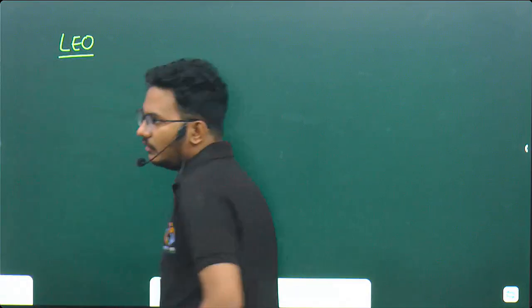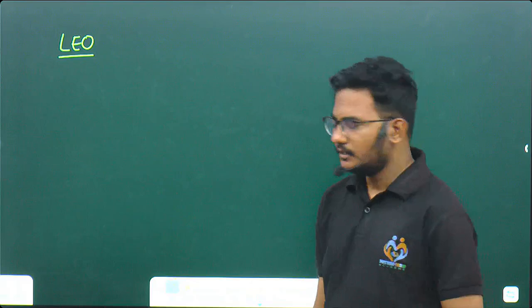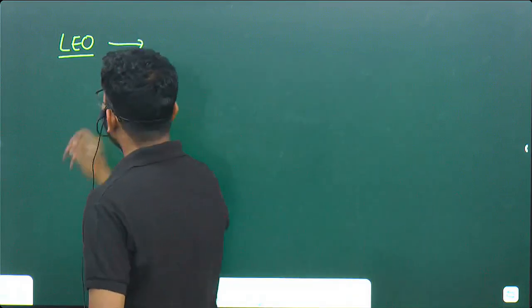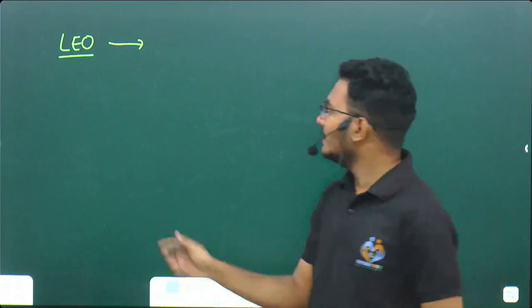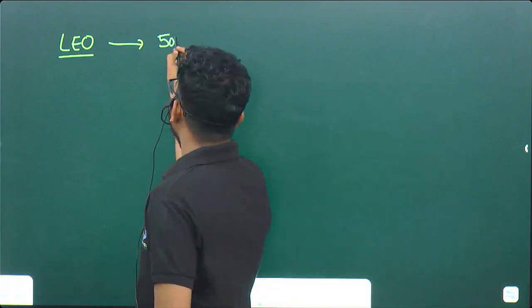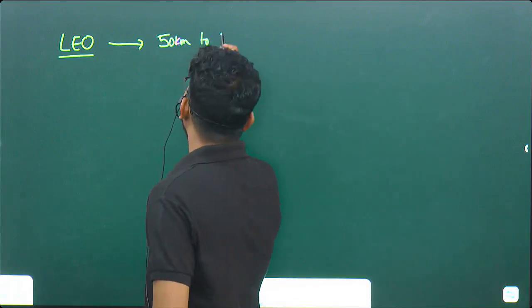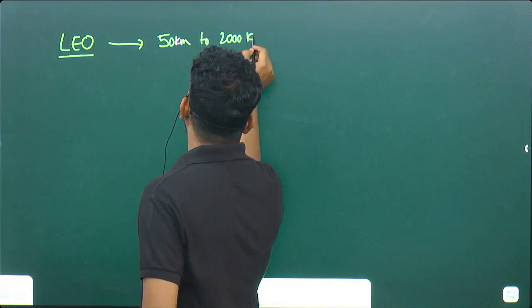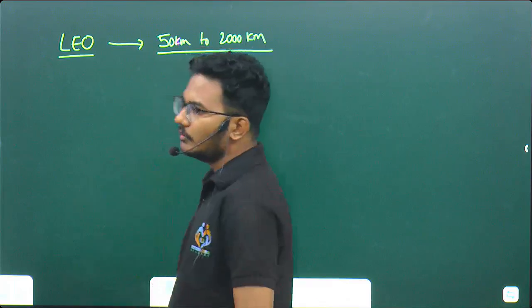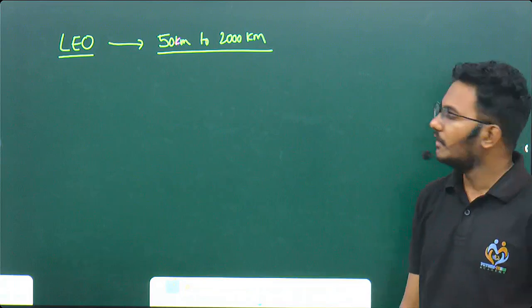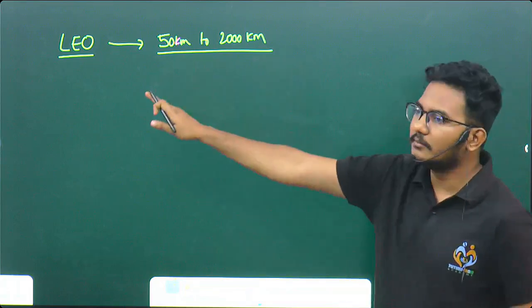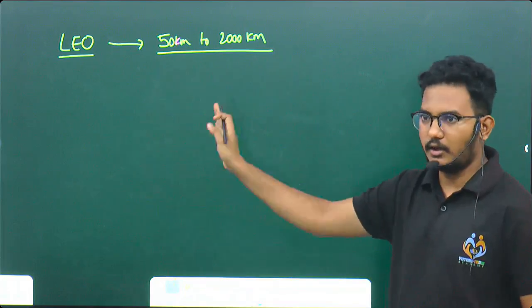LEO, low Earth orbit. If you are sending any satellite ranging between 50 kilometers to 2000 kilometers, then we say this orbit is low Earth orbit.